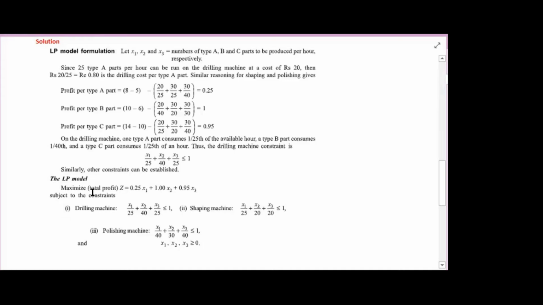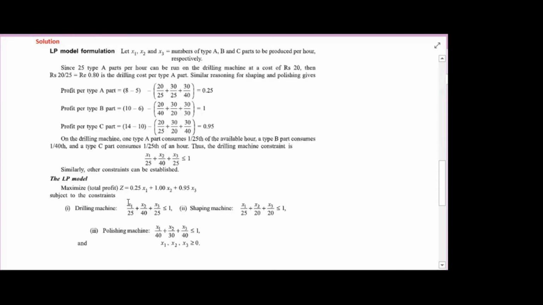So the standard form of the LP model, you can write: maximize z is equal to 0.25 into x1. 0.25 is the profit per unit, x1 is the number of units produced, and 1.00 into x2 and 0.95 into x3. 0.95 is the profit of C, and x3 is the number of parts of C, right?